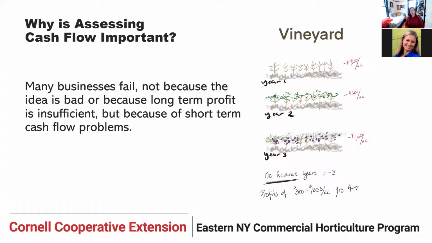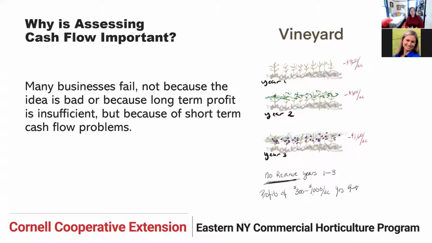Vineyards are a really great example. When you plant a vineyard, year one, you're laying out almost $9,000, $10,000 an acre, and you're not seeing any cash coming in. Year two, you're laying out $800 an acre. You're not seeing any cash coming in. Year three, you're laying out another $1,600 an acre.